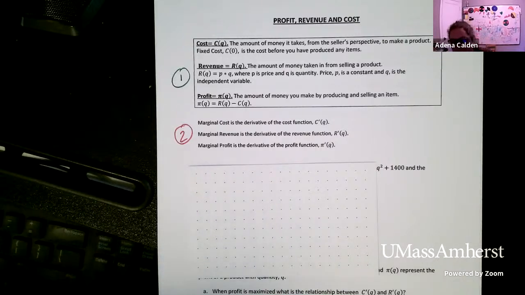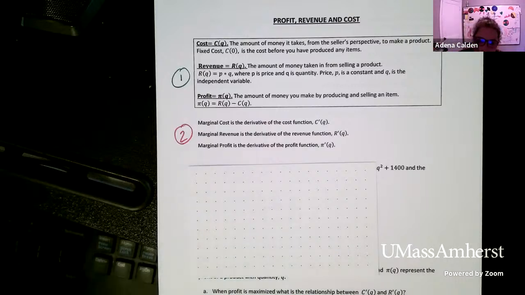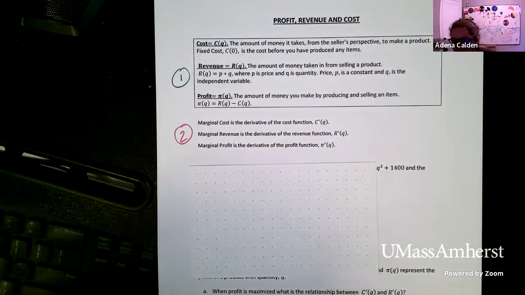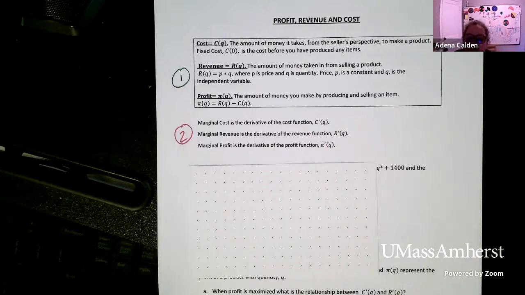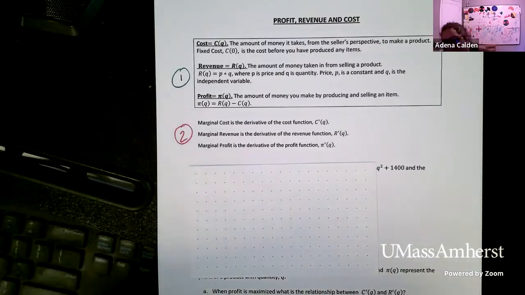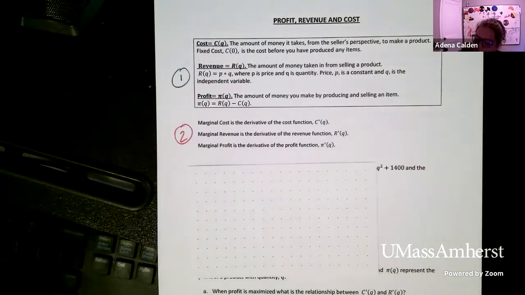Marginal revenue is the derivative of revenue, and marginal revenue is the additional revenue from selling one more item. Marginal profit is the derivative of profit, and marginal profit is the additional profit from making and selling one more item. So that was what we did in chapter 2.